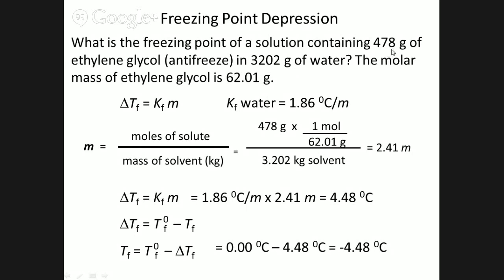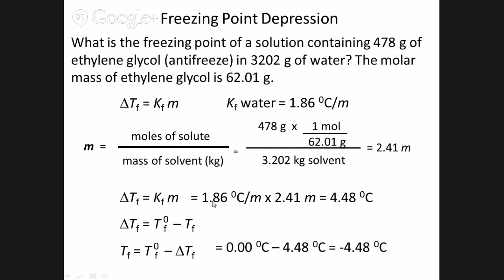So we take the 478, we divide it by the 62 to turn that top part into moles. The bottom part has to be in kilograms. So note it's 3.2 kilograms. The 3,202 was divided by 1,000 to make it kilograms. Moles per kilogram gives us the molality.